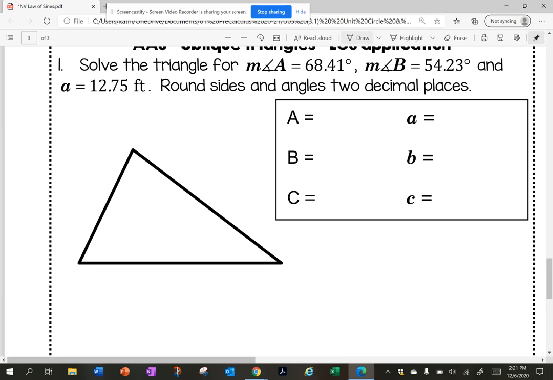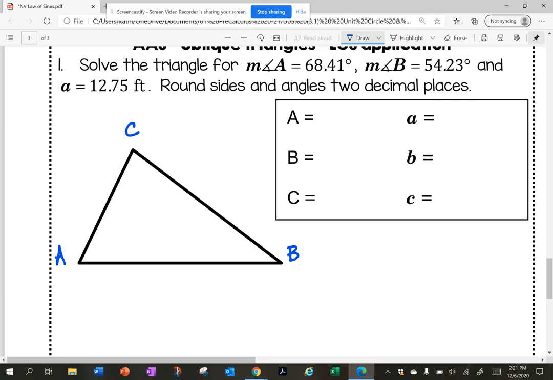It doesn't matter. One of the strategies I personally use is I label my triangle in the same order so that when I'm putting the information on, I make fewer careless mistakes. So I usually use angle A at the bottom left, angle B at the bottom right, and angle C on the top.